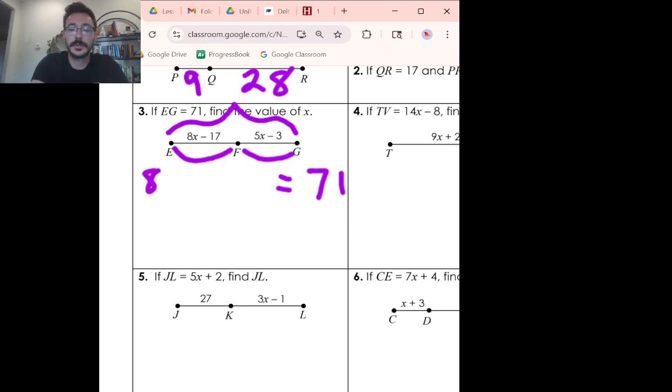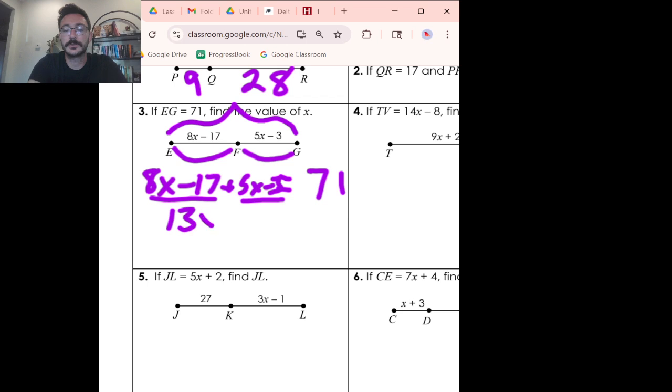So here's my first piece, 8x minus 17, and I'm going to run out of space, I think, but we'll try to squeeze it in there, plus 5x minus 3, good enough. And now I have my two different pieces added together, equals what it told me was the total, 71, and then I could solve this for x. So just start thinking combining like terms.